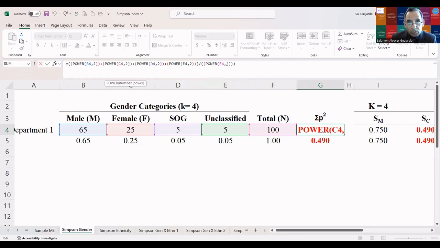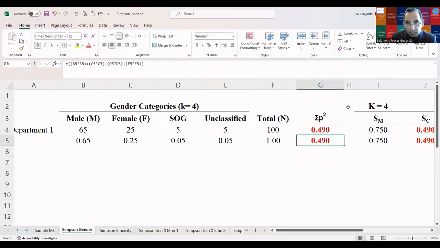So here it is going to be power of 4N, comma 2. And so there's the formula. When you divide the sum of the cells squared by the total number of individuals squared, that gives me 0.490.